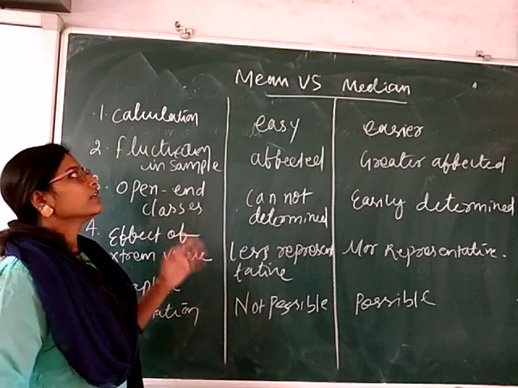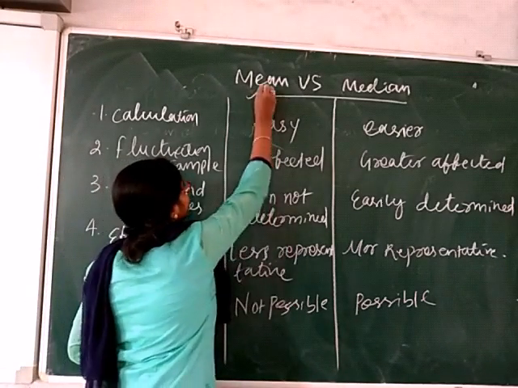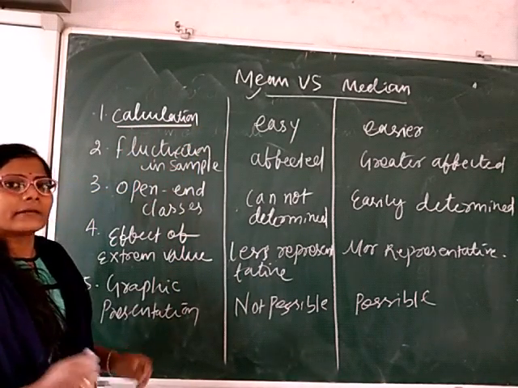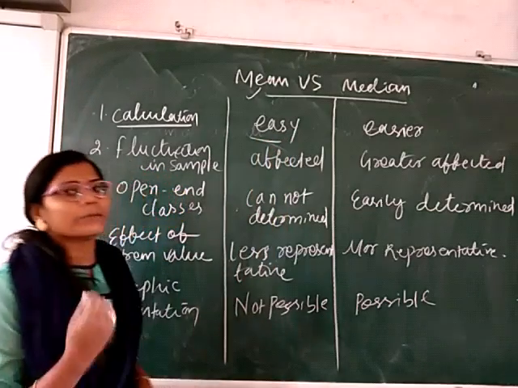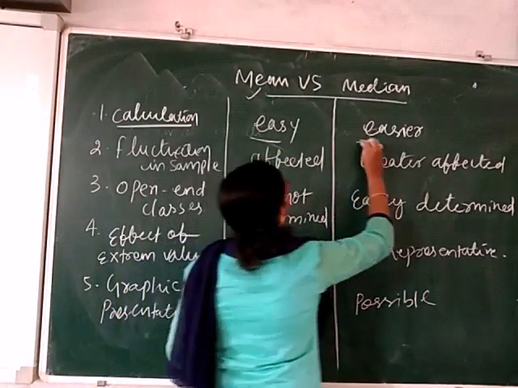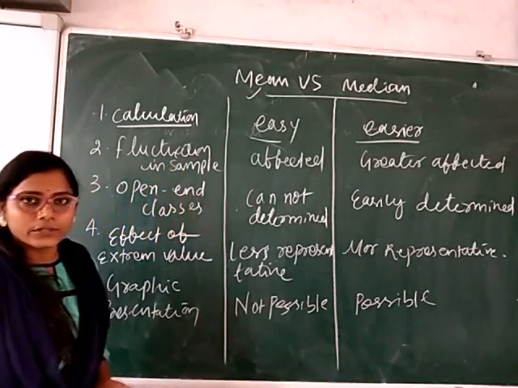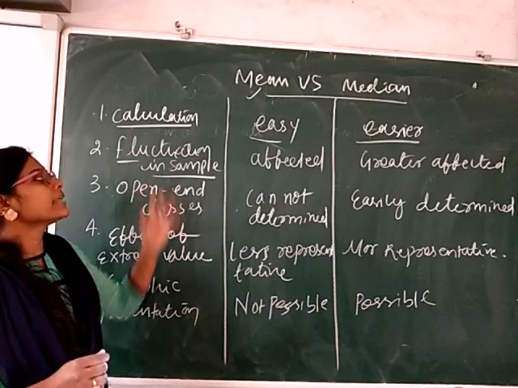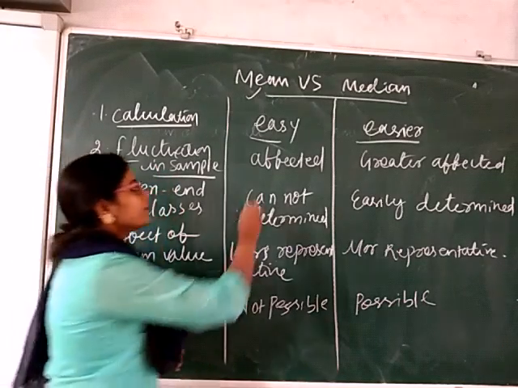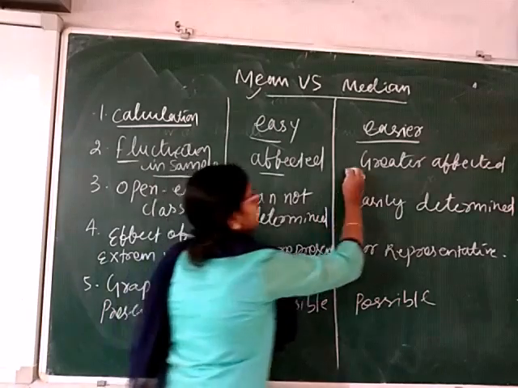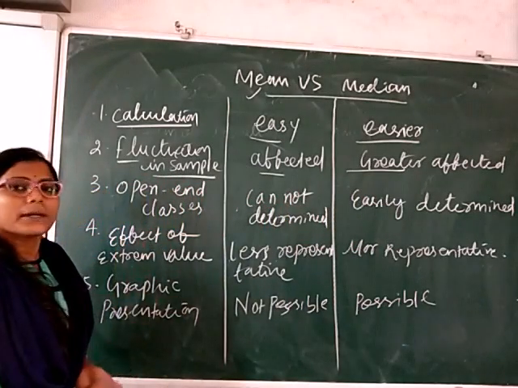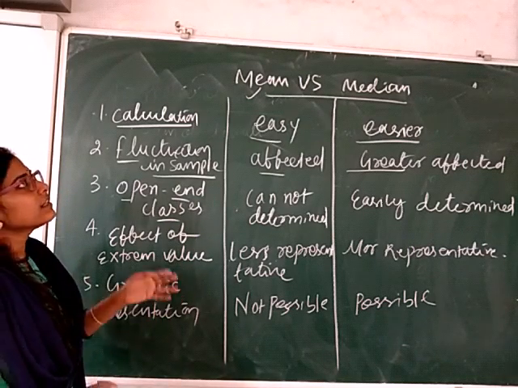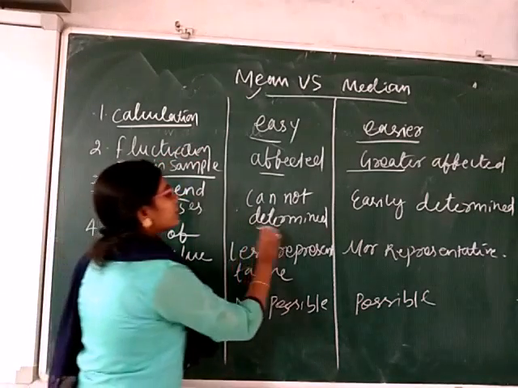Now we discuss the difference between mean and median. The first difference is calculation. Mean calculation is easy, but as compared to mean, median calculation is easier. Next is fluctuation in sample. When the sample fluctuates, the mean is greatly affected, but the median is less affected by fluctuation of the sample. Next is open-end classes, where the mean cannot be determined.